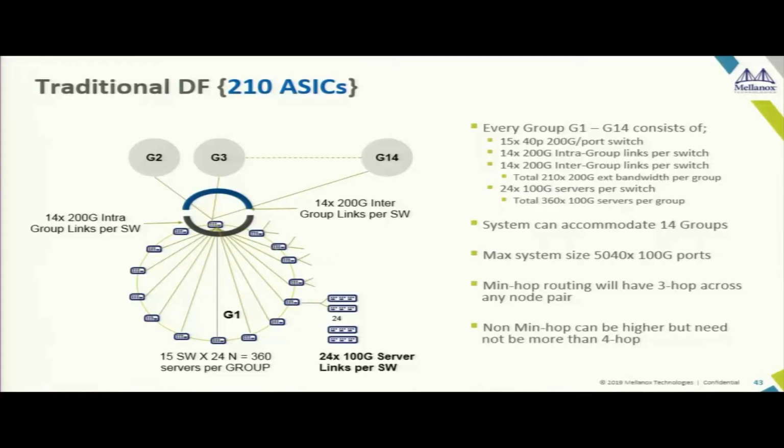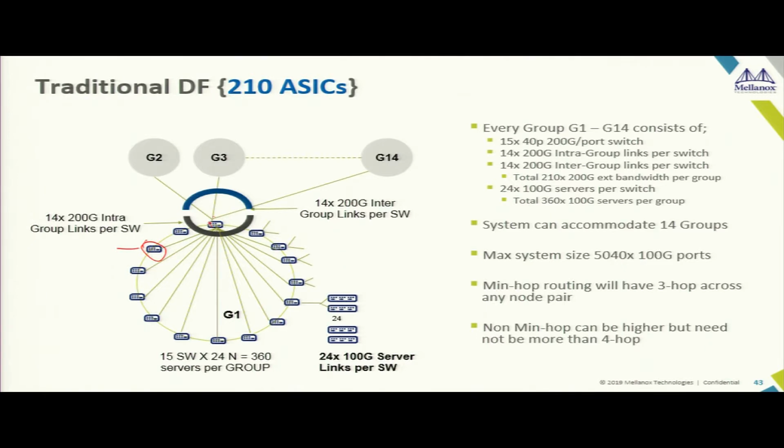It looks like this. Let's say you've got one particular switch, and that switch has got, let's say, 24 servers. Now this switch connects to all the other switches. I'm taking an example of this switch. So it will connect to all the other switches in that particular group. It's a full mesh connectivity, with 1 cable.